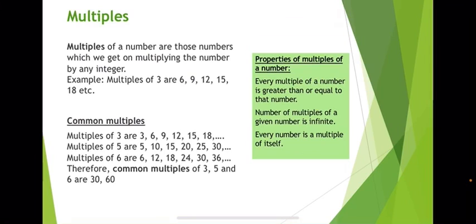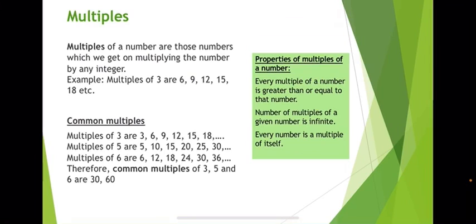Multiples of 6 are 6, 12, 18, 24, 30, 36 and so on. Therefore, the first 3 or 4 common multiples of 3, 5, 6 are 30 and 60.